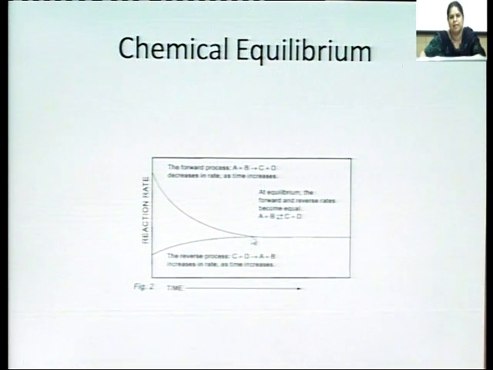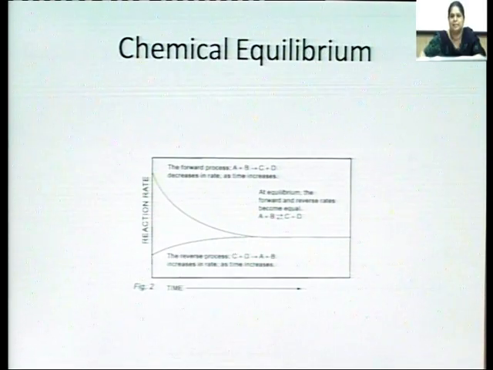But a stage comes when the rates of the forward as well as the backward reaction become constant. This state at which the forward and the reverse rates become equal is known as equilibrium.